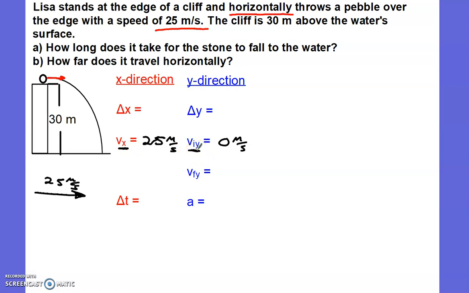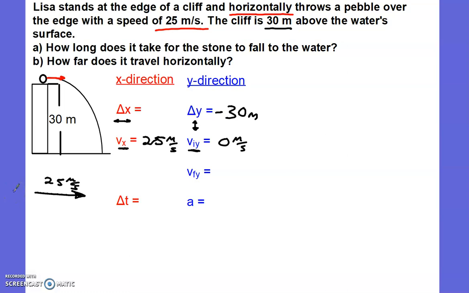The other number that we're given here is 30 meters. And that is how far this projectile, this pebble, falls down. So this is a y direction. Again, x is left and right, and y is up and down. So our y displacement is 30 meters, but it is going down 30, so it should be a negative number because it's moving down.